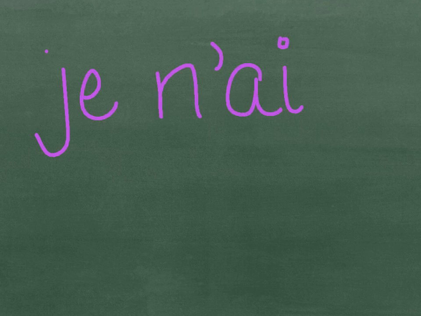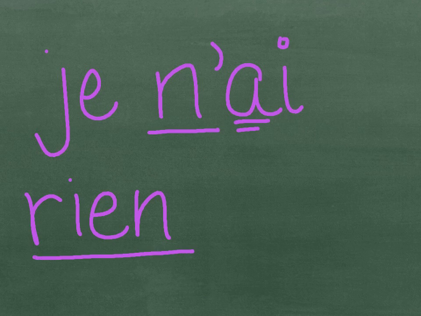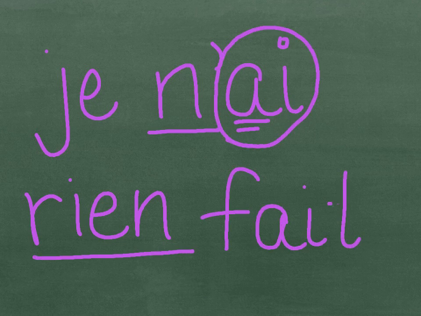We start with our je, but in this case the ne goes before the form of avoir, just like so. An apostrophe, because we have this vowel sound. Then, right after the ne, we're going to put in rien. So it's sandwiching the form of avoir. And then we add our past participle. And instead of I did, we have I didn't do anything. Je n'ai rien fait.